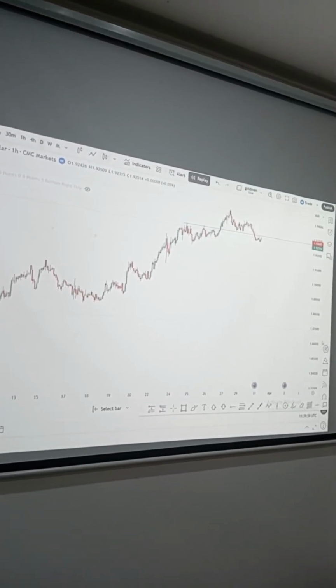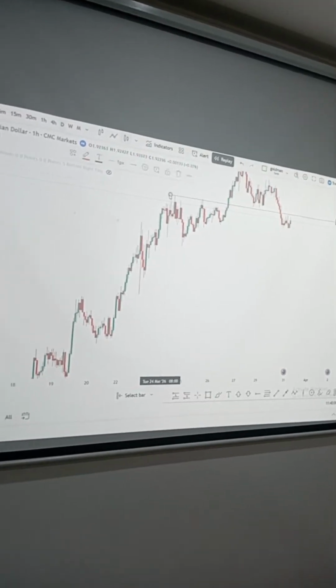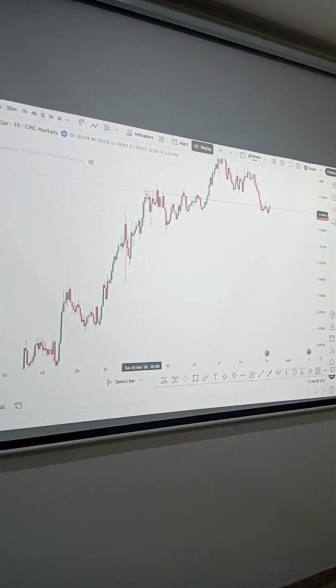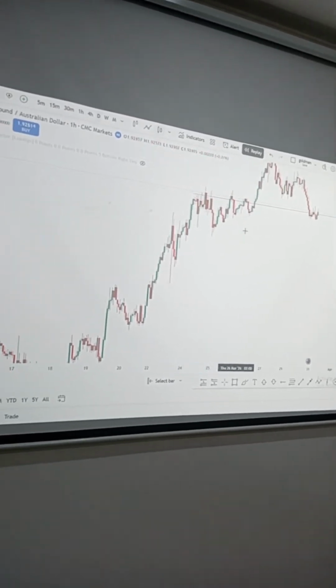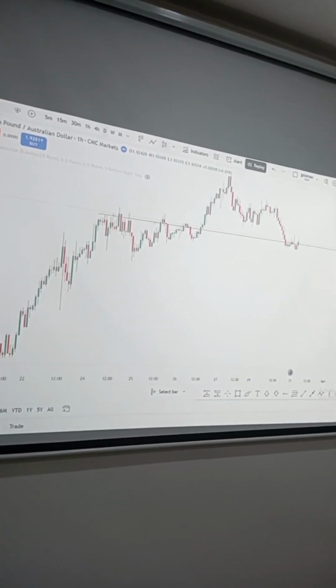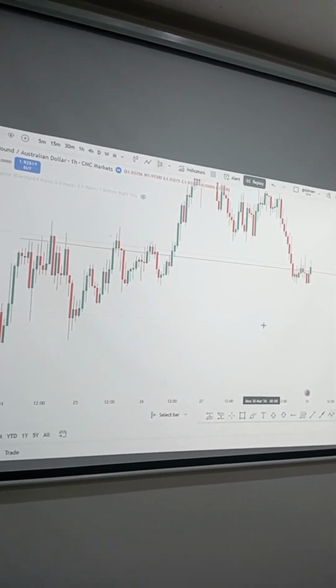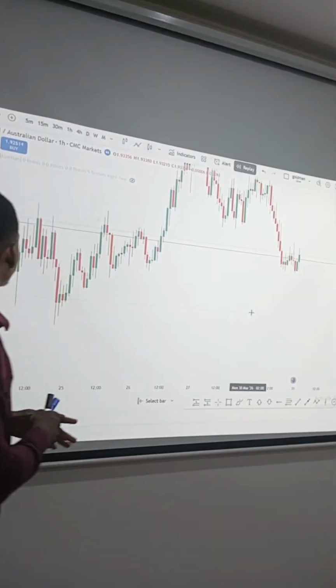If I keep my horizontal line at this level now, for example, what am I trying to get? I'm trying to get a particular price level that is serving multiple purposes.